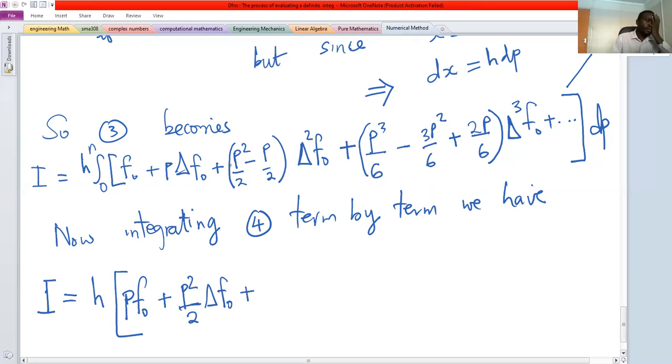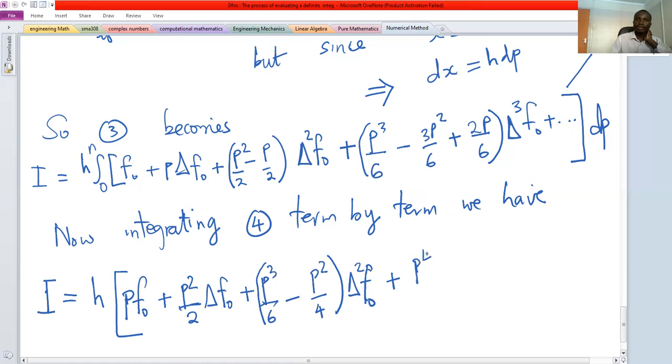to p, we'll have p power 3 divided by 6 minus this one will be p squared divided by 4, and then you multiply by this constant, second forward of f naught, plus this will give you p power 4 over 24 minus, when you divide, this is a half, so the p power 3.